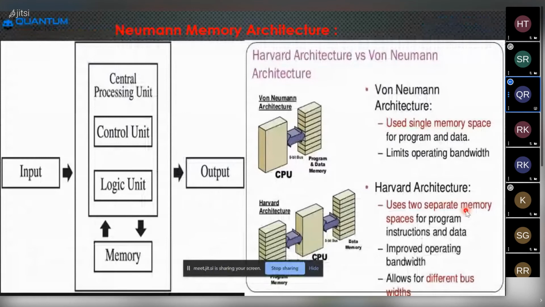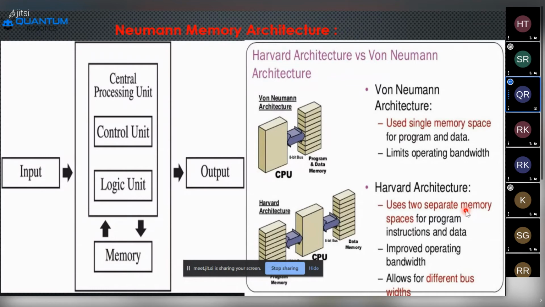And here you can see the Von Neumann memory architecture, and the Harvard hardware architecture. Previously, we have learned about the Von Neumann architecture. The Von Neumann architecture means that there will be one central processing unit. In this central processing unit, there will be two types of subdivision units, that is the control unit and the logic unit.